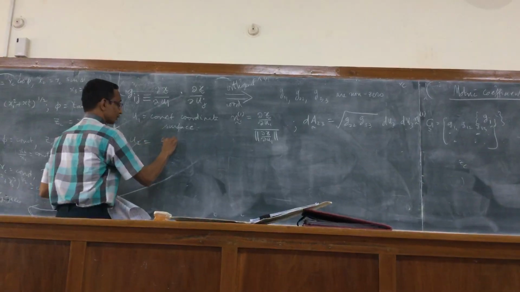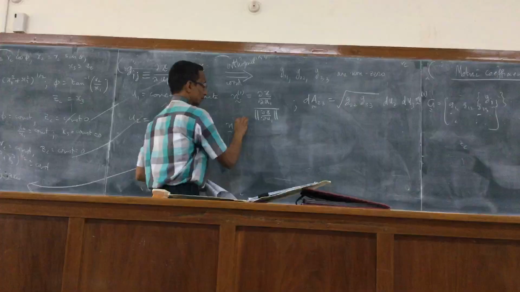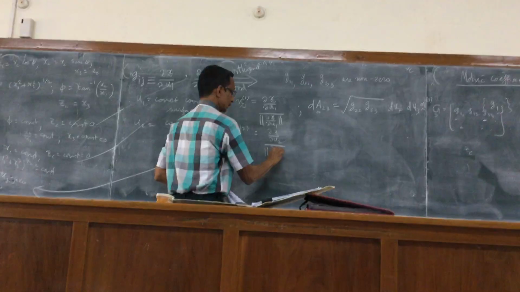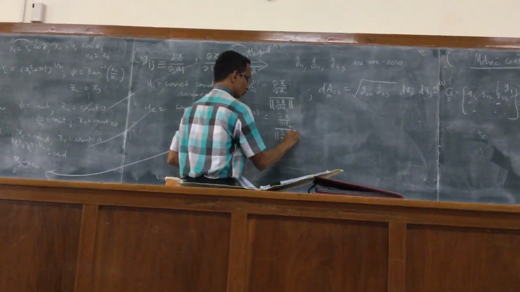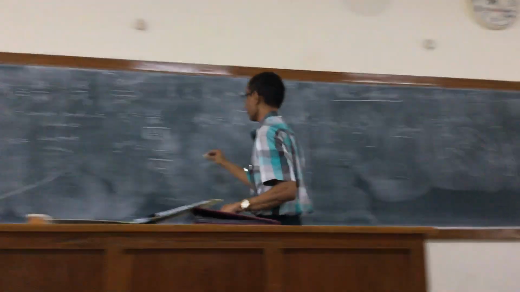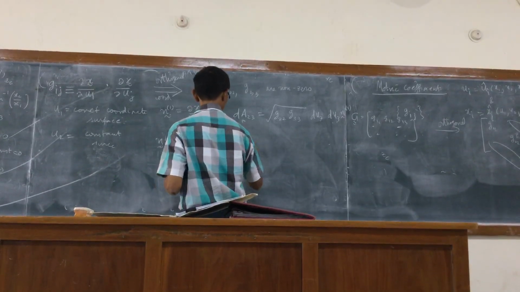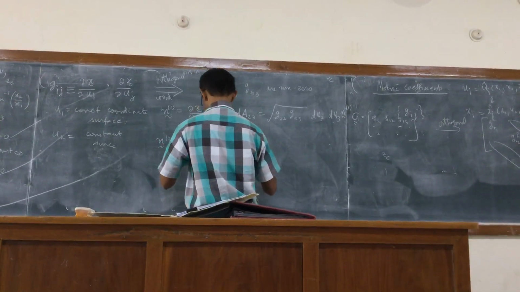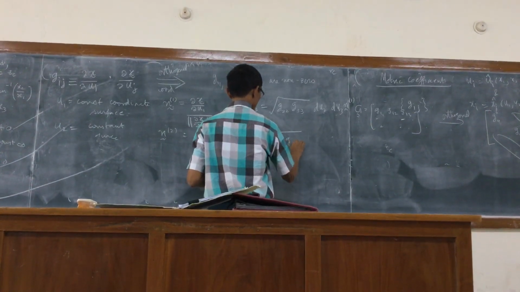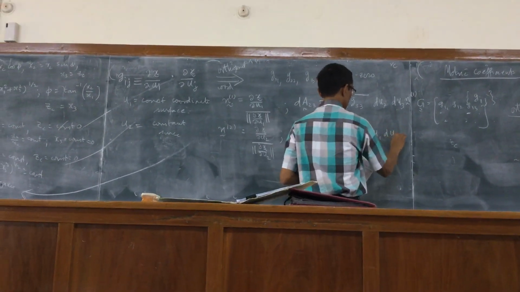For the u2 equal to constant surface, the normal would be given clearly by dx by du2, because it need not necessarily be orthonormal. We want the unit normal, so we have to divide by the norm. Then I can write dA31, which would be the square root of g33 g11 du1 du3.